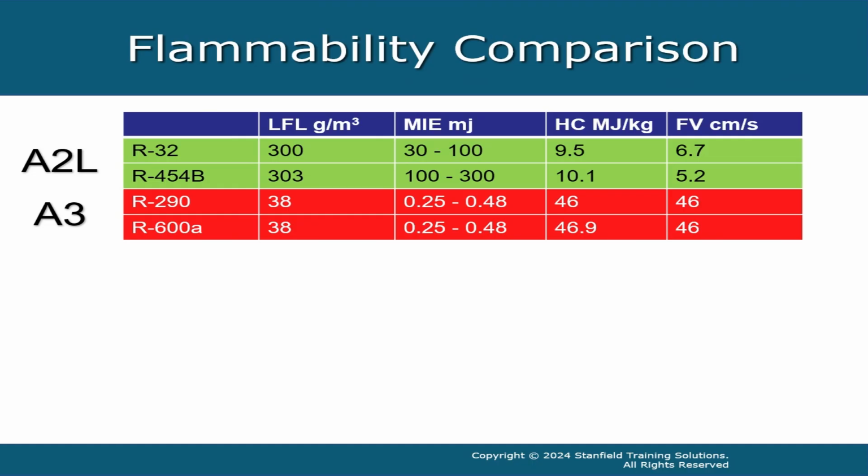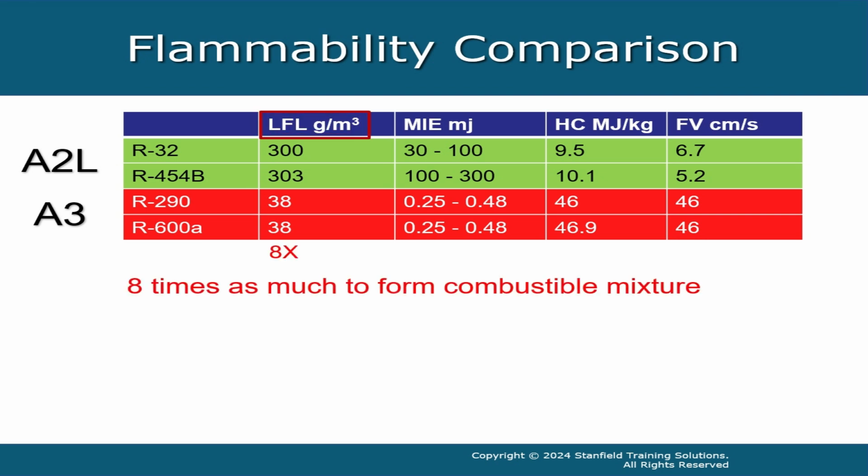To illustrate the difference between A2L refrigerant and A3 refrigerant, I'd like to look at some important characteristics of R32 and R454B compared to R290 and R600A. It takes 8 times more A2L refrigerant than A3 refrigerant to form a combustible mixture.